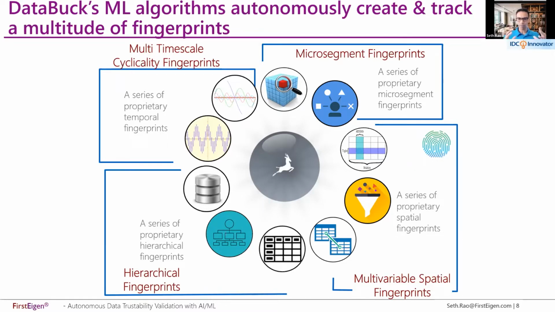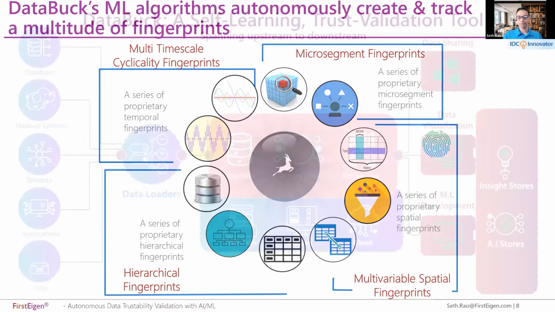If you combine all of this into one big fingerprint, that is a lot of information on the data to be able to track and say, do I trust this data? A change in the fingerprint could indicate an evolution of data or an error in your data, and hence the trustability in data is low.